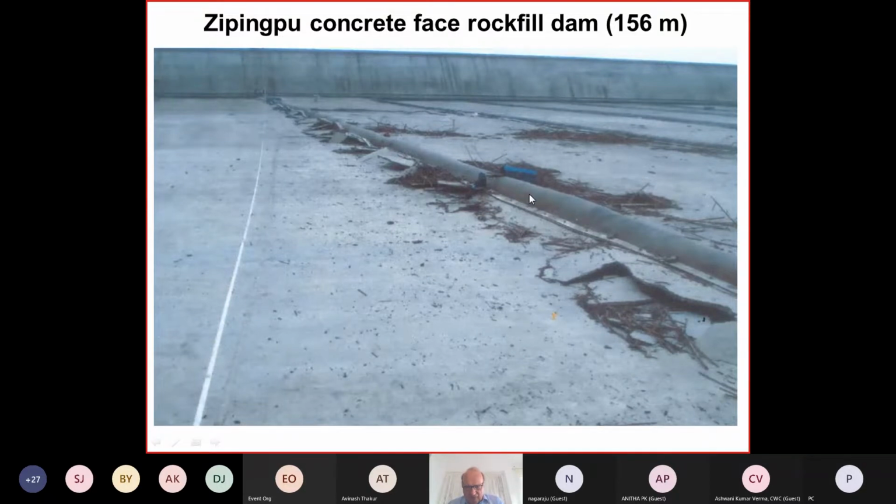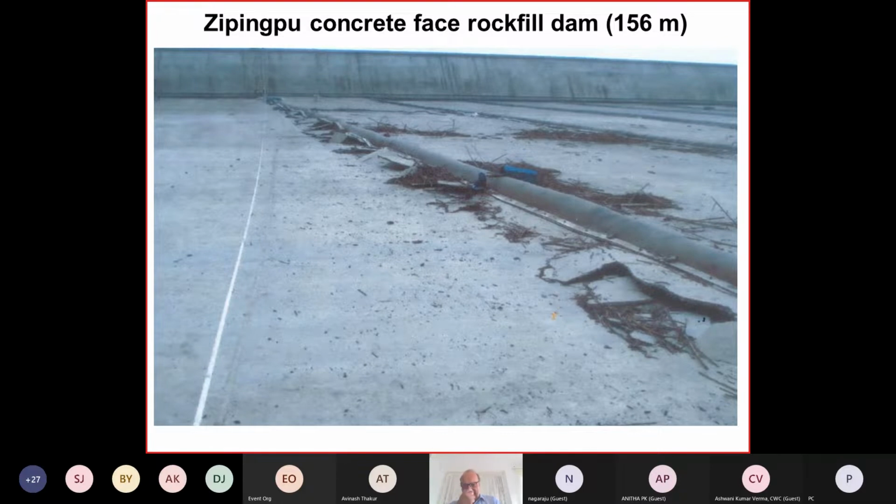But now, due to earthquake action and due to the different deformational behavior of the rockfill and of the concrete face, the concrete typically has a modulus of elasticity here of 30, 35, or even 40 gigapascal. And the rockfill itself, I would say, has a modulus of elasticity of less than 100 megapascal.